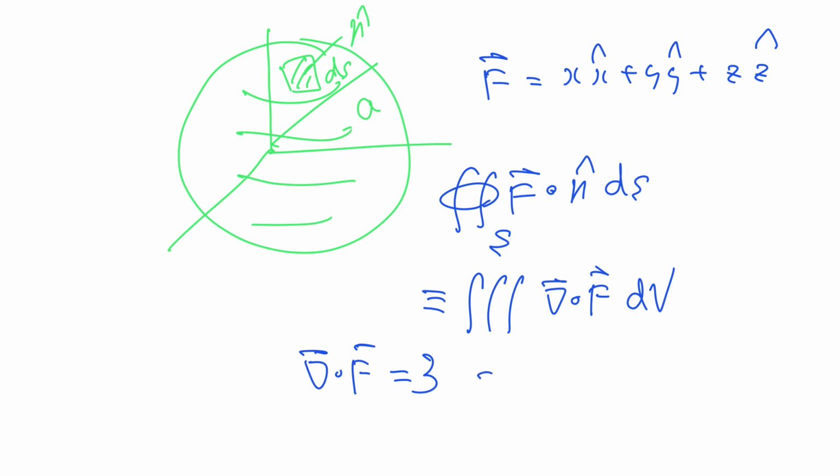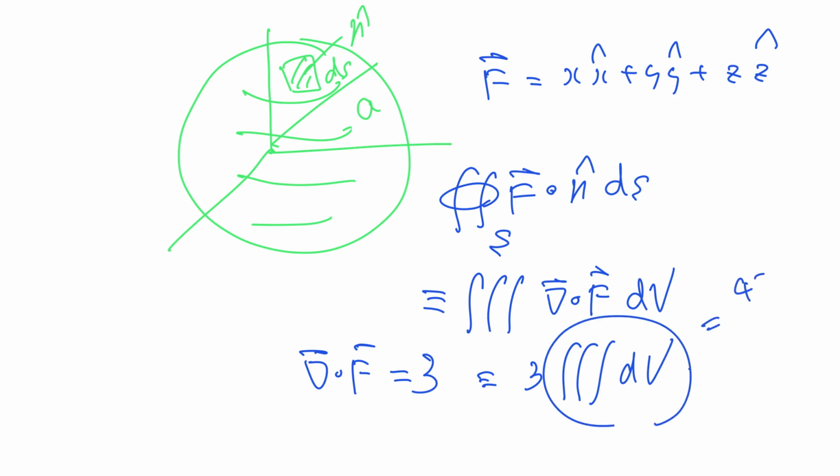So this is basically 3 times dv. And what is the volume of a sphere? 4 pi a cubed divided by 3, right? This is 4 pi over 3 a cubed. So this is basically 4 pi a cubed.